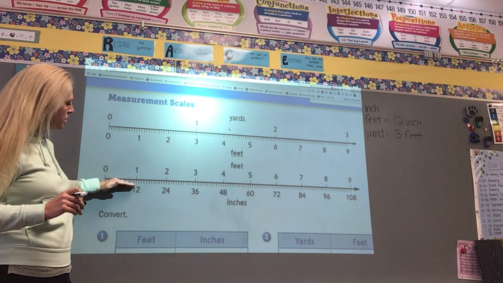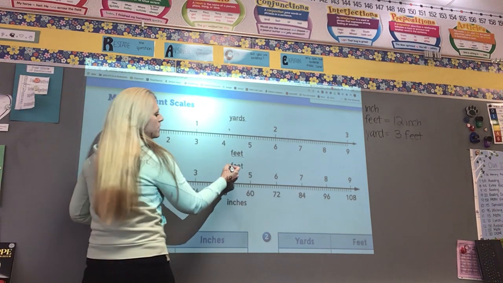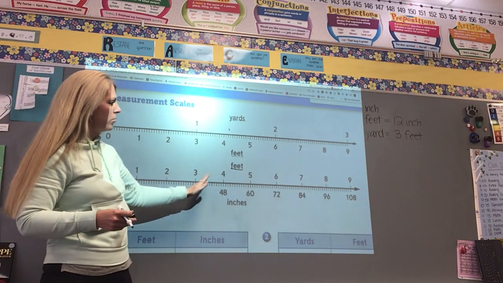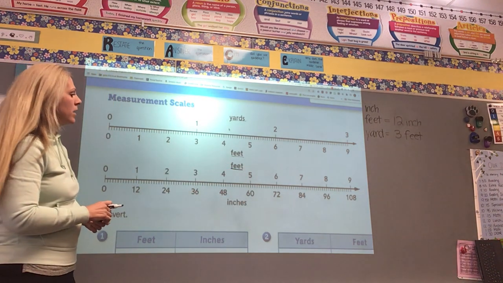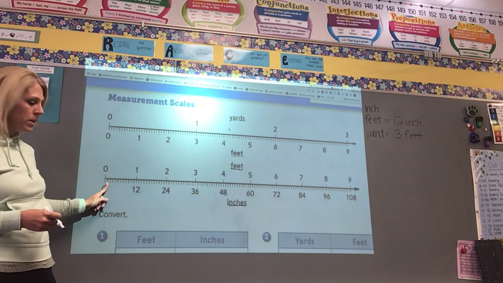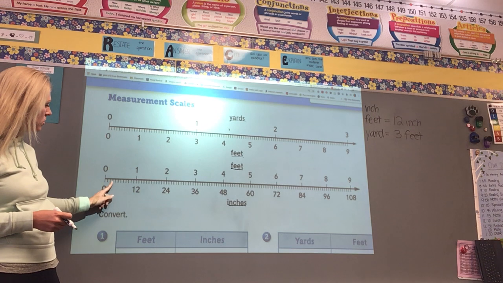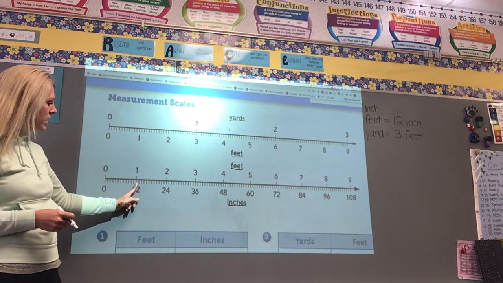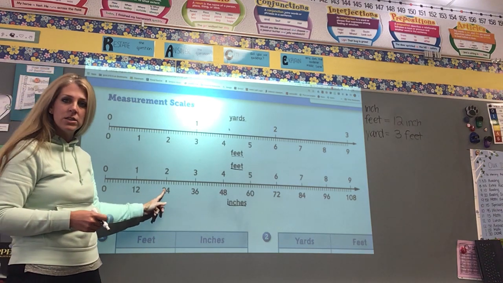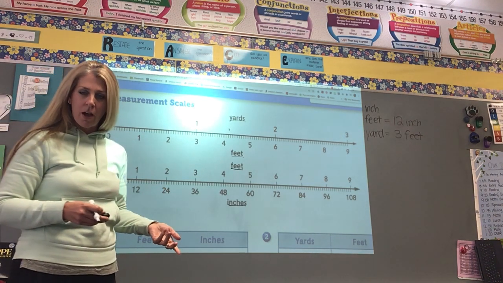So this bottom one here, now I see feet at the top, which looks like the same measurement, 1, 2, 3, all the way up till 9, and then at the bottom I see inches, okay? So if I were to count here, these aren't labeled, so I know it's 1, 2, 3, 4, 5, all the way until I get to 12, 13, 14, 15, 16, 17, all the way until I get to 24, just like a number line would be.